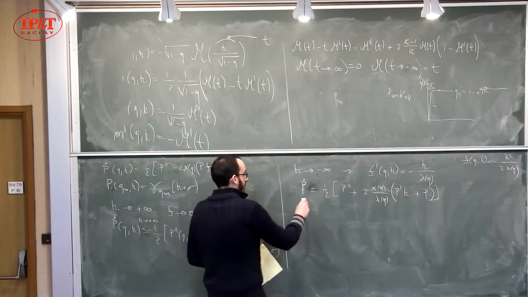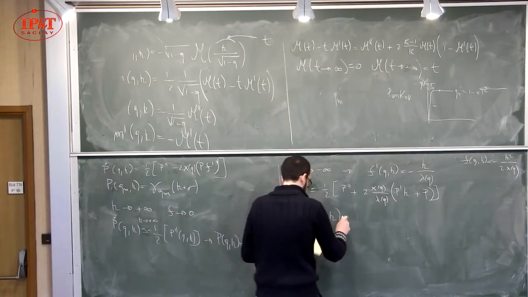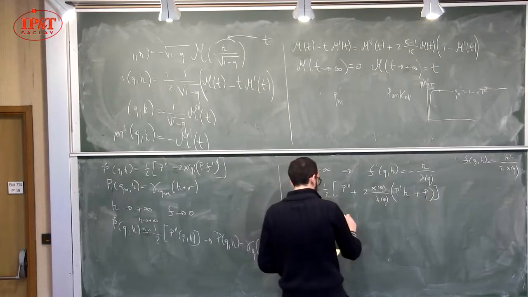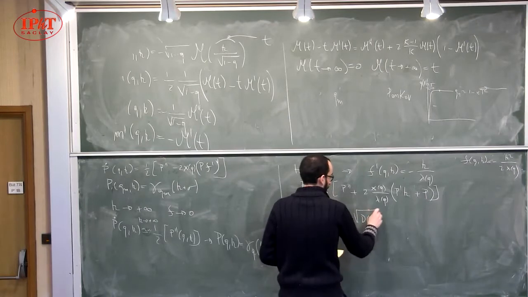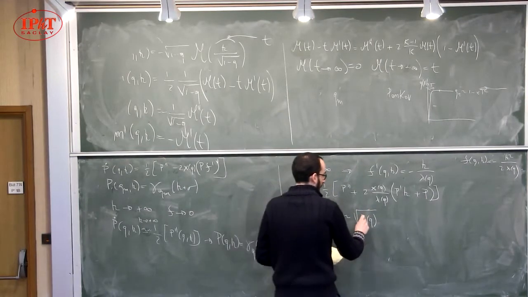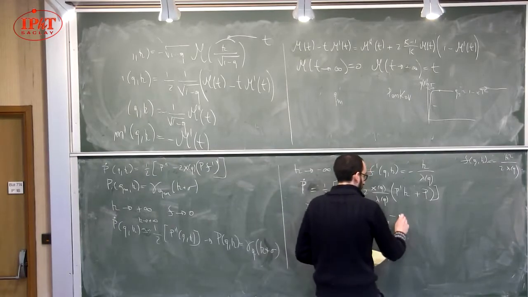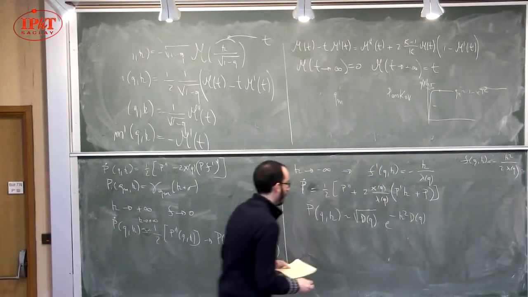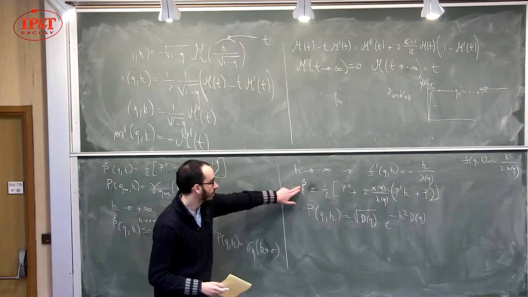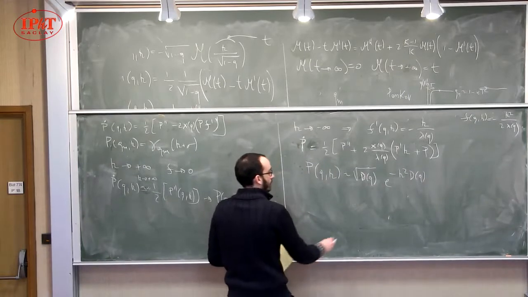And now what you can do is try a solution of this problem. So here you have a function of q. And if you plug this into this equation, you just get an equation for b.